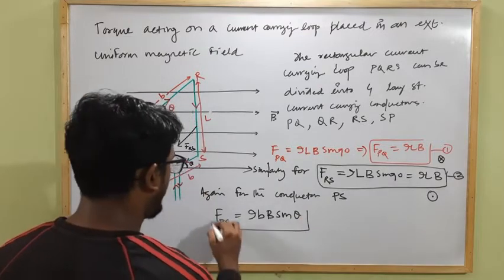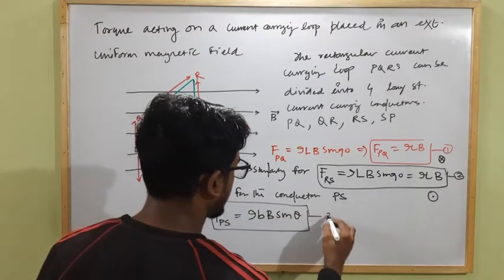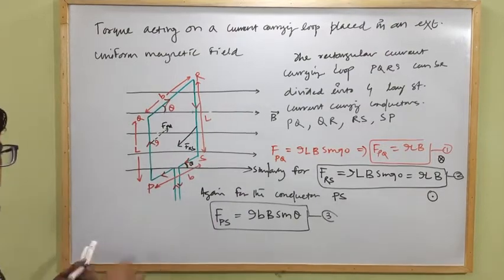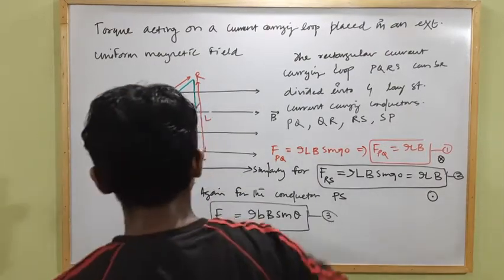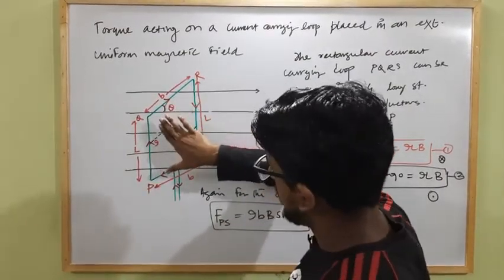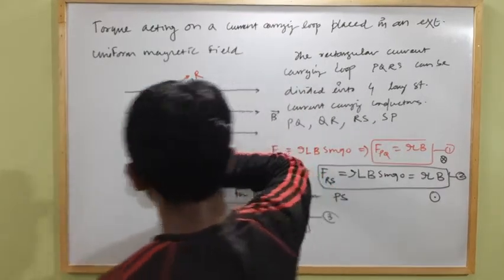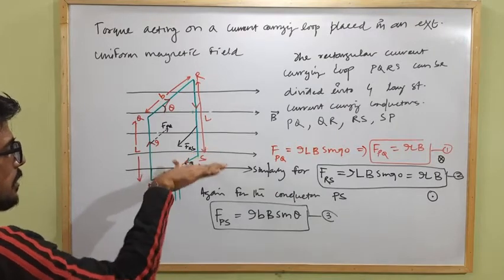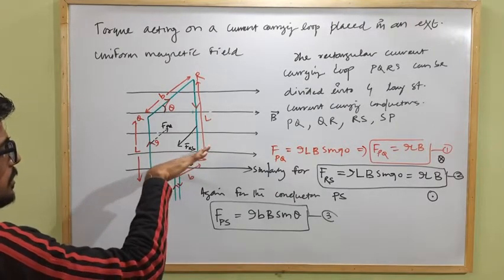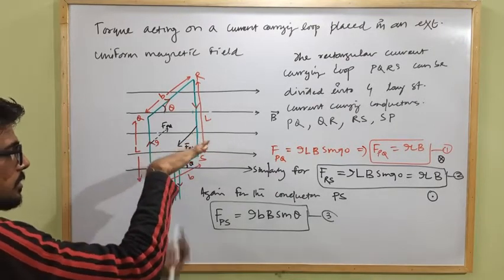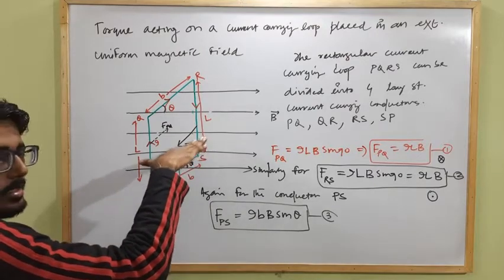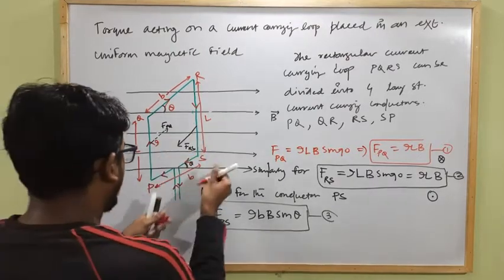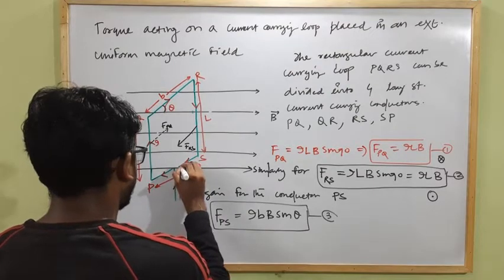Okay, and what will be its direction? By using the right-hand thumb rule or palm rule, L is along this direction, F is along this direction, like this. So the palm is into this, and here the force will act along this direction.